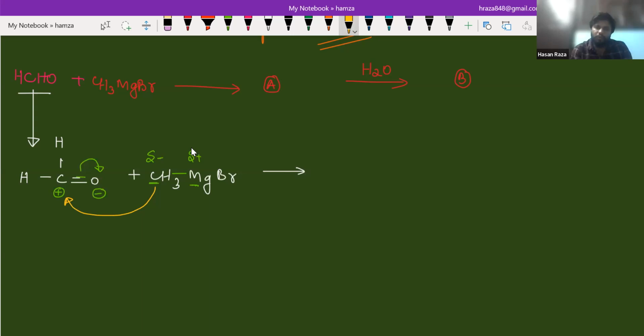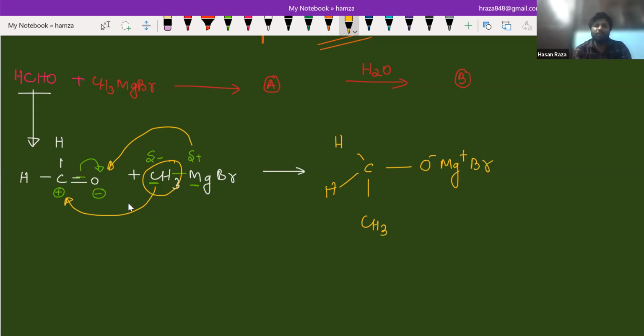So first of all, you show the hydrogen and hydrogen, and this alkyl group will go to the carbon, and the double bond will be broken and it will be a singly bonded O minus, and then this Mg plus will go with this and there will be Br. So this is our adduct part, not the main product.